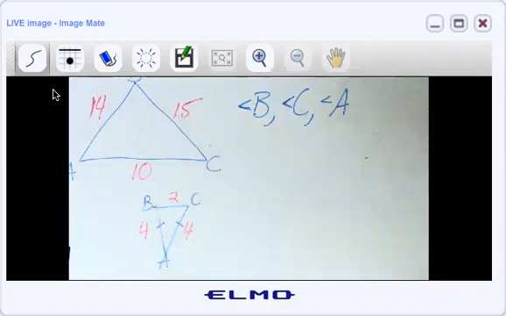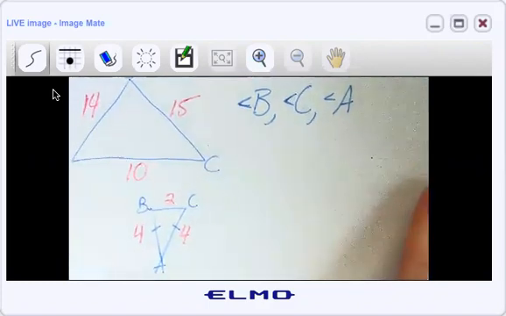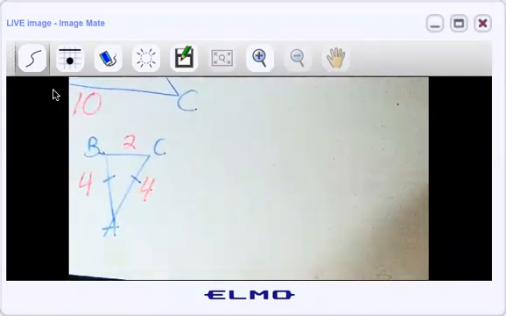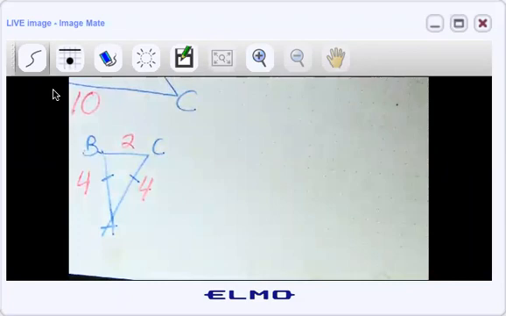If you have two sides that are the same, aren't you going to have two angles that are the same? Right? Remember, we learned that. So however many sides I have the same, that's how many angles I have the same. So I definitely know which angle is smallest here.